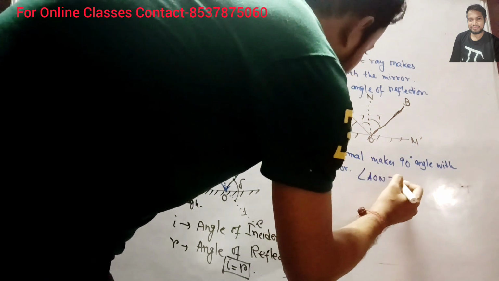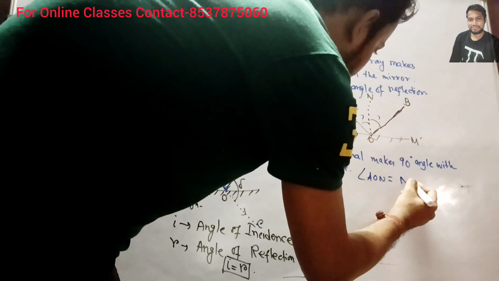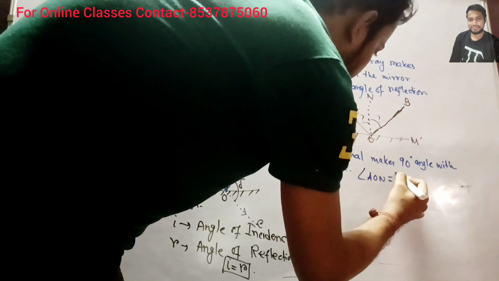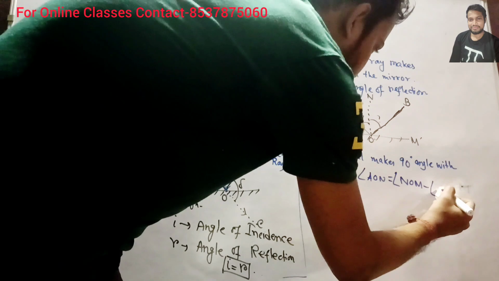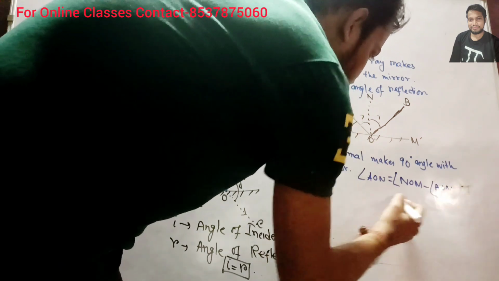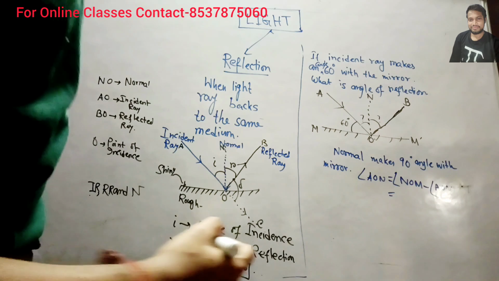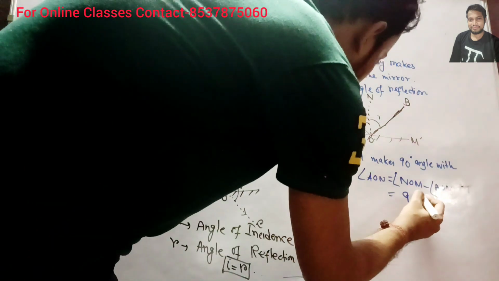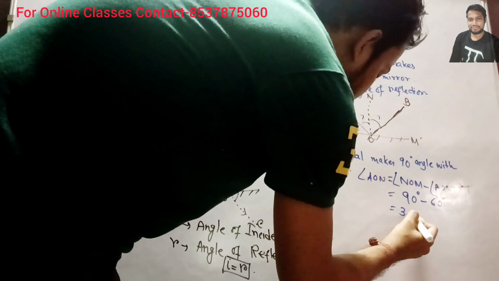AON will be the total angle NOM minus AOM. NOM, the total angle, is 90 degrees and AOM is 60 degrees. So the result is 30 degrees.